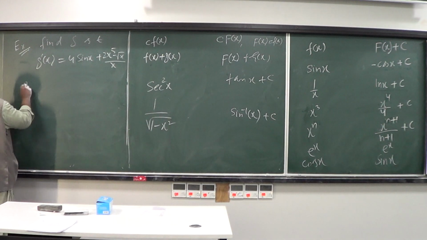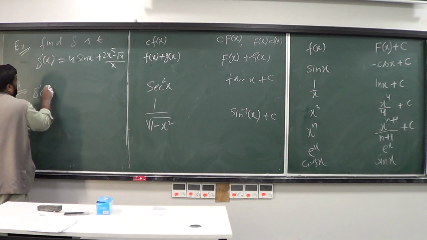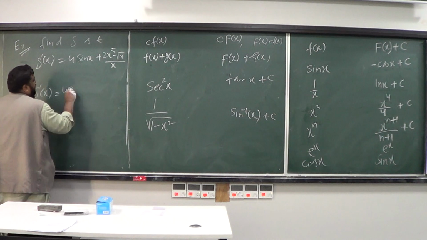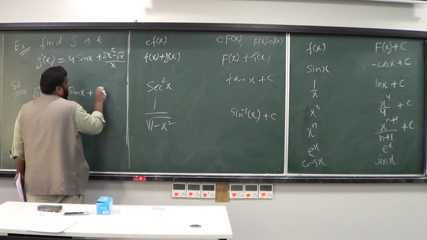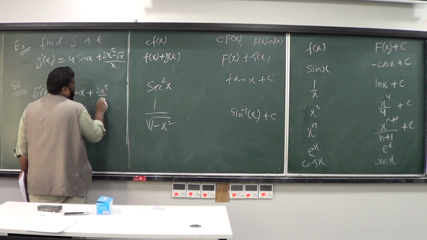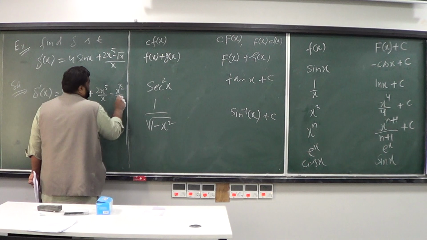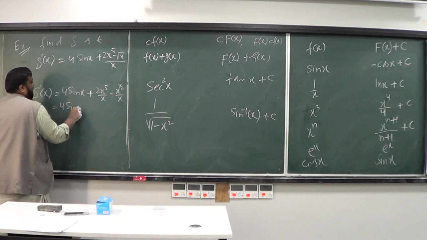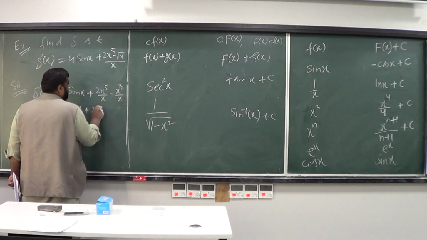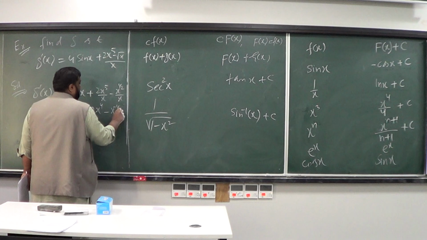So what should be the best way? The best way is to simplify it as much as possible. g prime of x is 4 sine x plus 2x power 5 over x minus x power 1/2 over x. So you're going to get 4 sine x plus 2x power 4 minus x power minus 1/2.